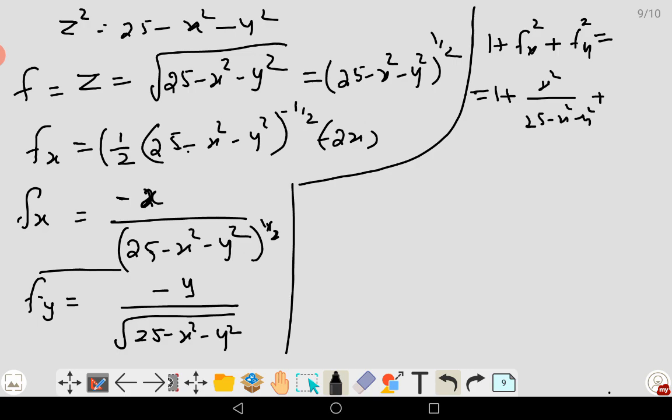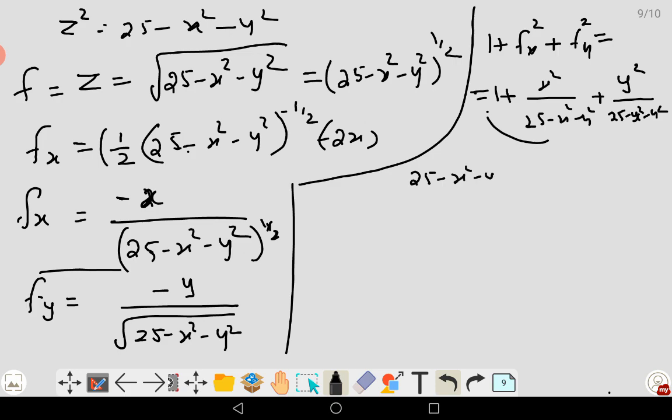The second term is y square over 25 minus x square minus y square. Take LCM, multiply this one here, isn't it?